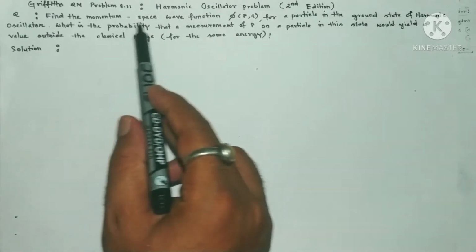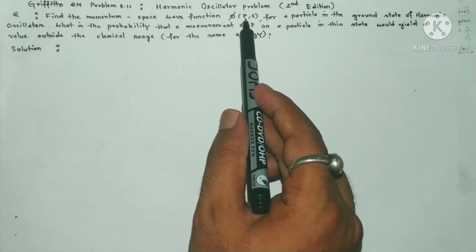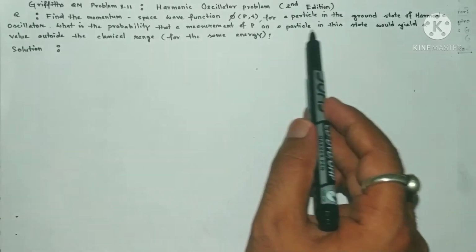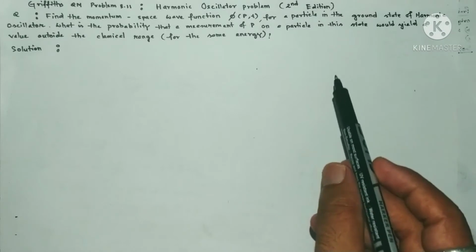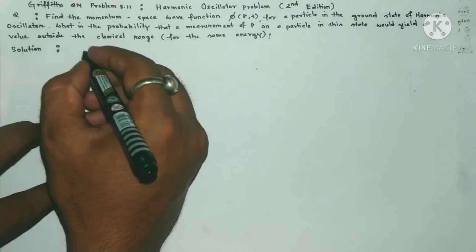So first we have to find the momentum space wave function phi(p, t) for the ground state harmonic oscillator. For that, what is the wave function of the harmonic oscillator?